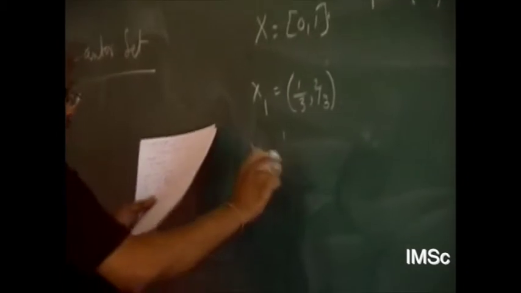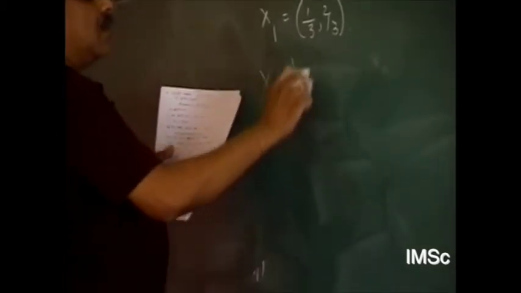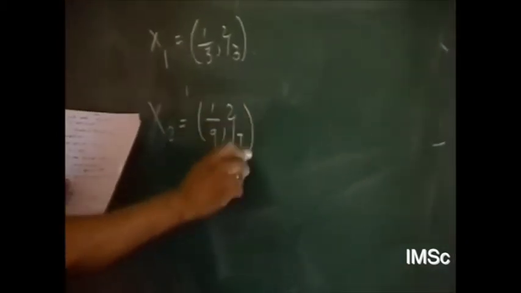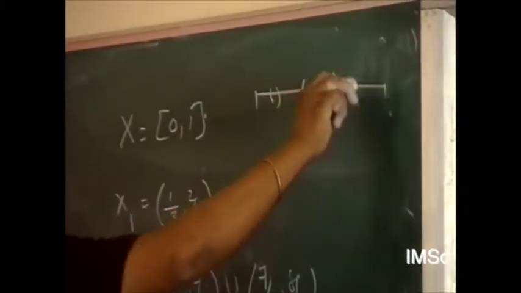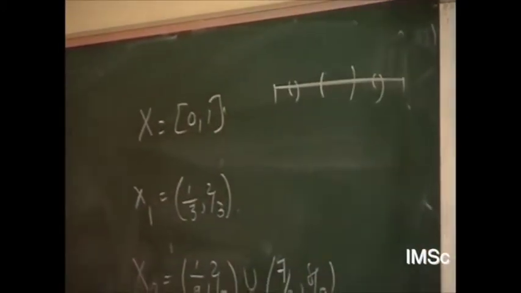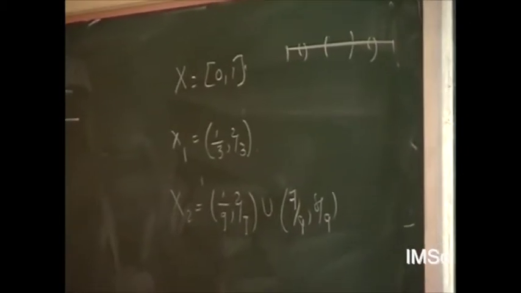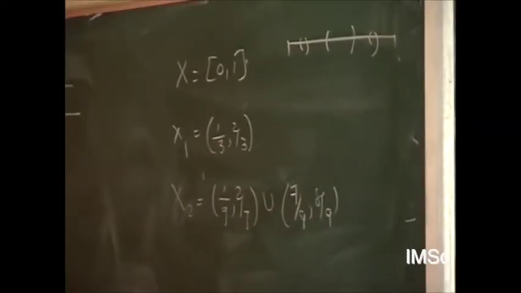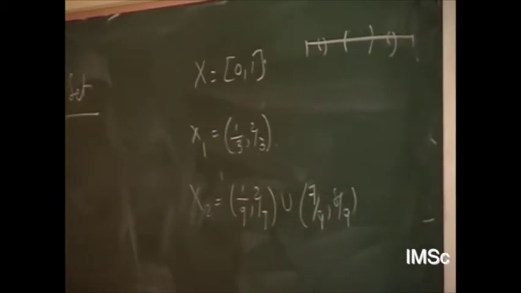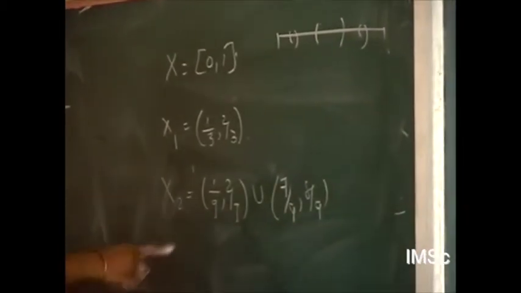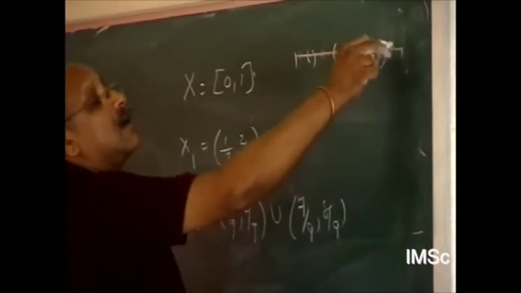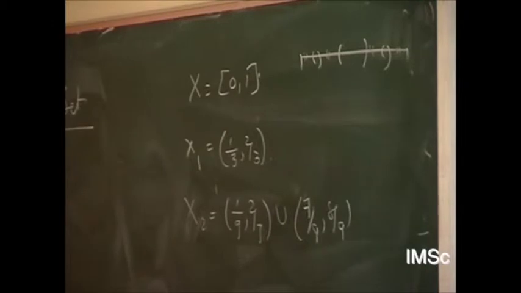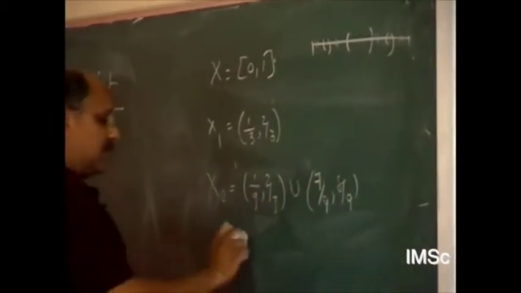Define X2 to be (1/9, 2/9) union (7/9, 8/9). So X2 will be this interval union this interval. And now you know how to go on defining various Xn. X3 will have 4 intervals, which will be the middle thirds here, and so on. And now you take X minus the union of Xn.